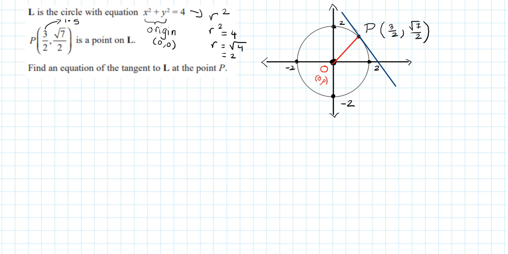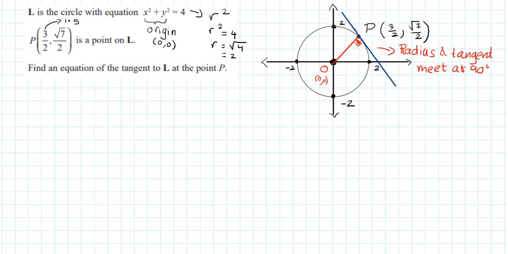Now from the circle theorems we know that the radius and tangent meet at 90 degrees. So we're going to take that information.